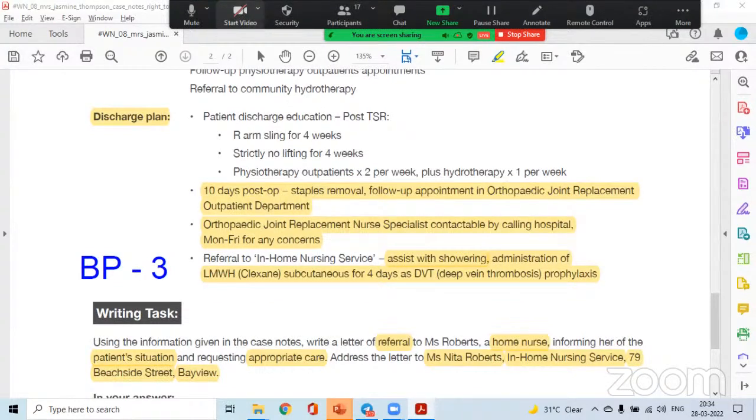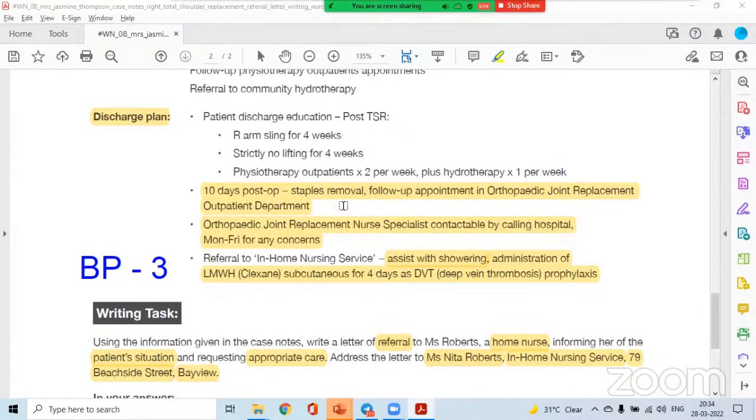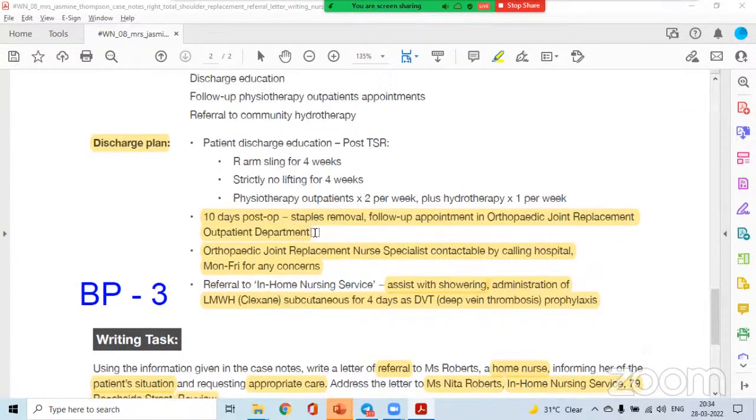So this is very important. The next one. So, education regarding patient discharge, post total shoulder replacement, has been given. Okay, it is provided.